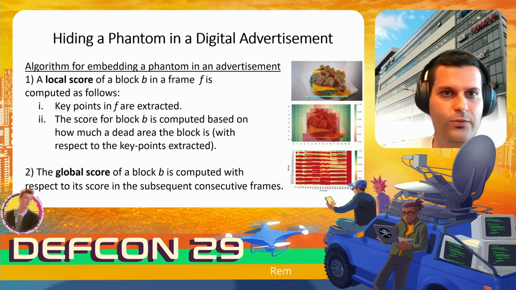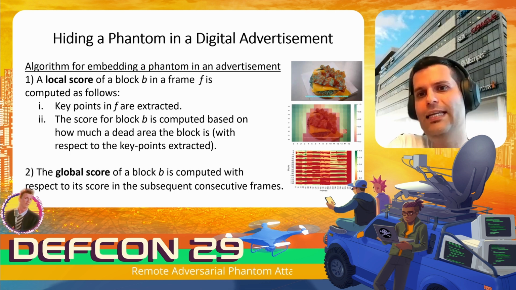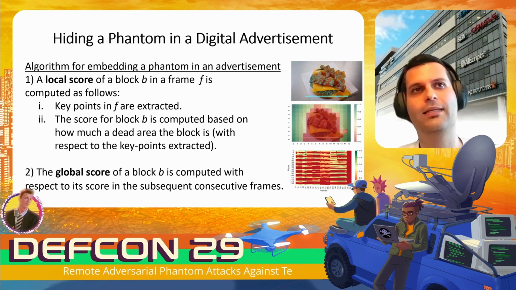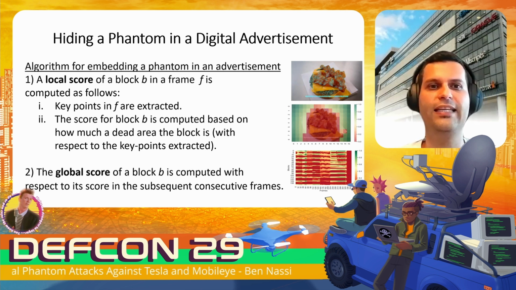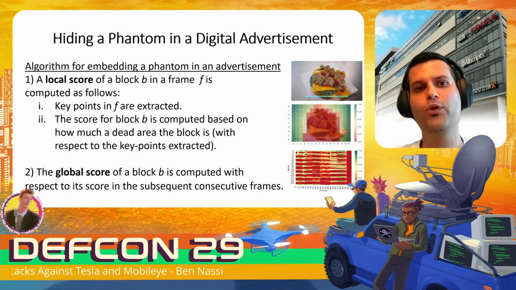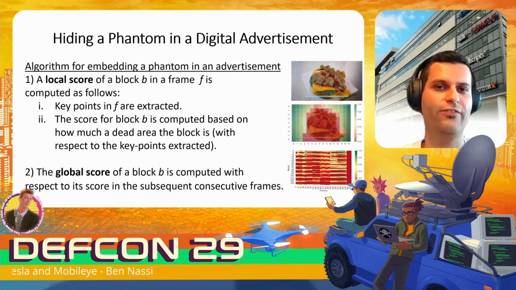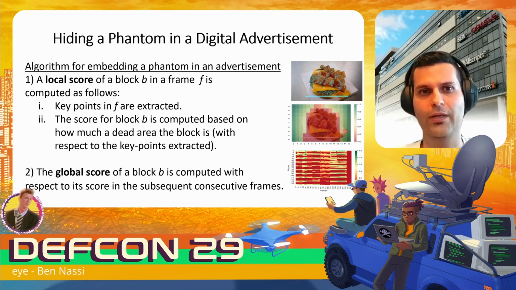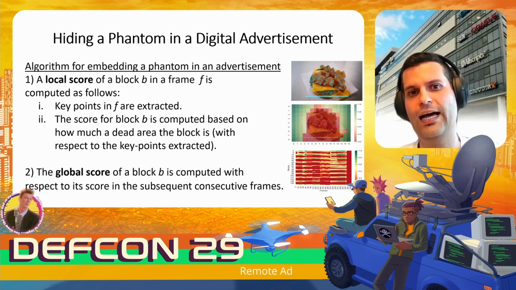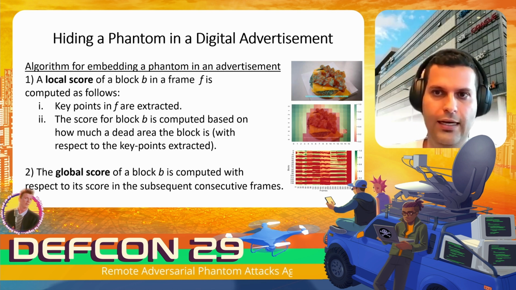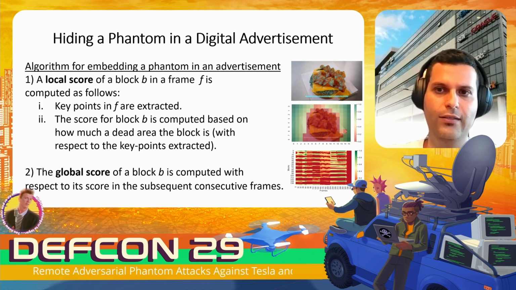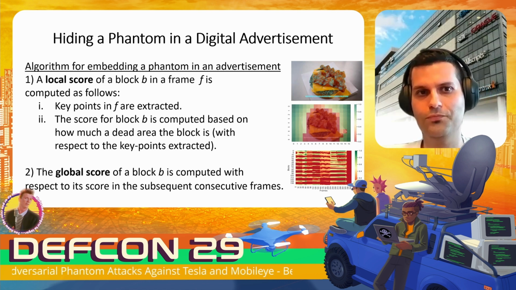Now, here is an algorithm for embedding a phantom in an advertisement. Basically, an advertisement consists of a set of frames. And in each and every frame, we compute a local score for each and every block in a frame. And the local score is computed as follows. Key points are extracted from the frame. You can see the key points on the right side. They are marked with blue.